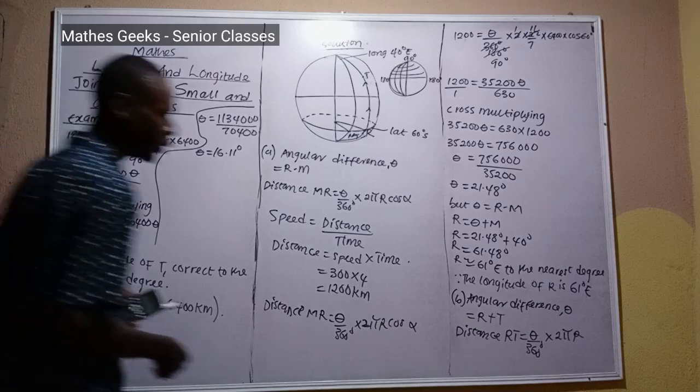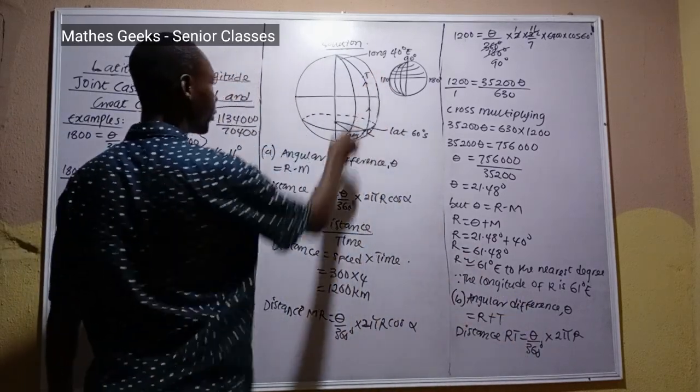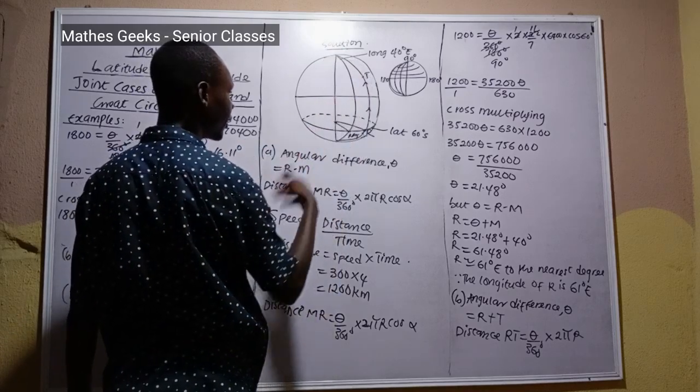Now remember that assuming C was known initially, since both points are on the same line of longitude, the angular difference would have been the difference in latitude.